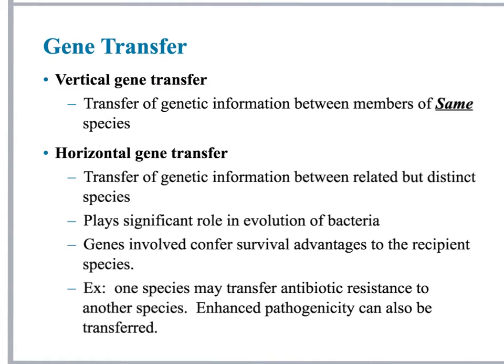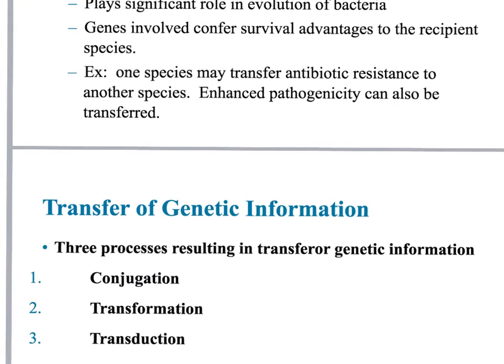The bacteria gaining the information may become stronger, more stable, and better able to resist infection, so oftentimes it evolves into a better form of itself. The genes confer survival advantages to the recipient. Some examples are transferring antibiotic resistance to another species, or enhancing pathogenicity, which can also be transferred between those distinct species.